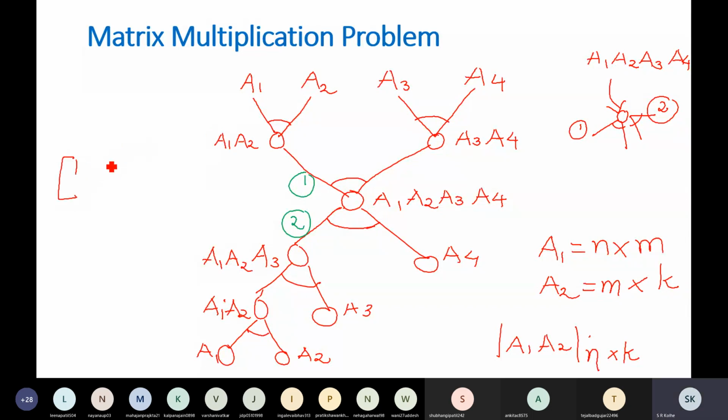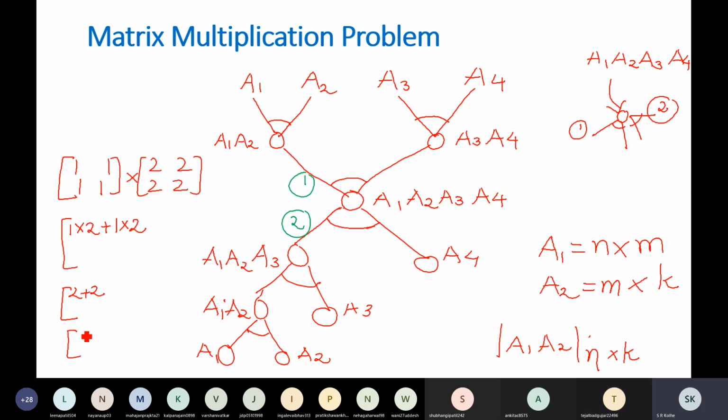For example, if I have matrix A as 1 1 1 1 and matrix B as 2 2 2 2, and we are multiplying these two, how do we find the first element? We take the first row and first column, multiply individual elements and add those products. So 1 multiplied by 2 plus 1 multiplied by 2 comes out to 2 plus 2, that is 4.